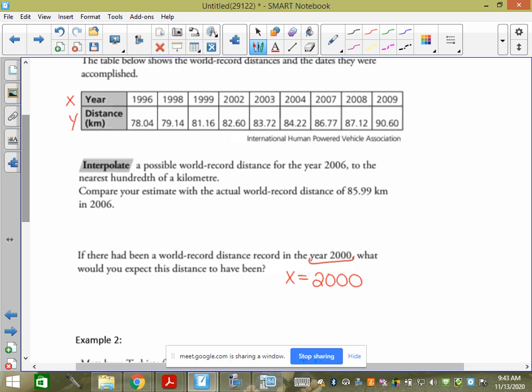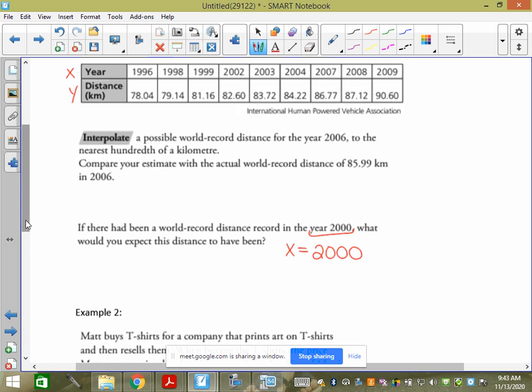So the ways that I can type that in my calculator, and it shows it to you on that chart or on the separate page on the back. If they give me an X value, it's really easy to find it. I just go second, trace, and then value. And then X equals pops up, and you're going to put in 2000 and hit enter.